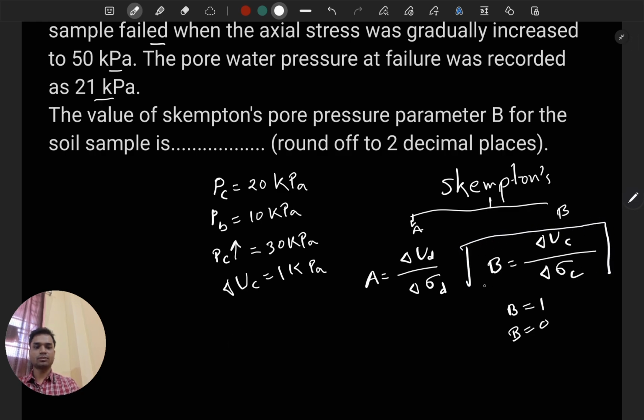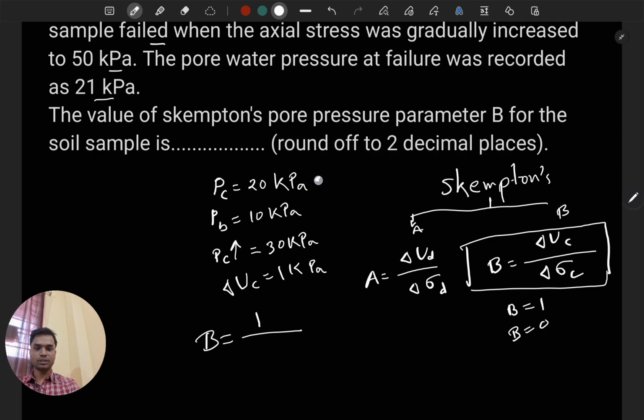From this we can write that B is equal to the change in pore water pressure in the cell, which is given as 1 kPa, divided by the change in cell pressure.